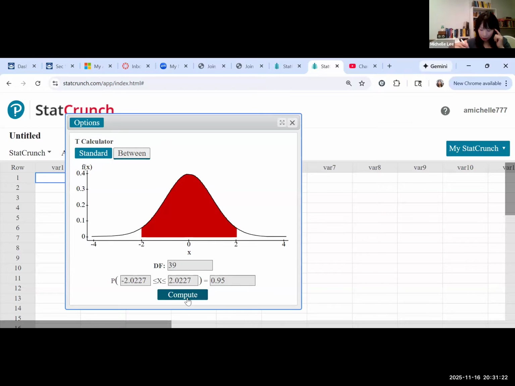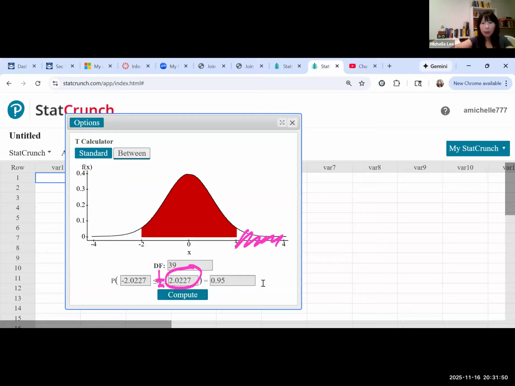We are going to use that t-value, 2.0227.